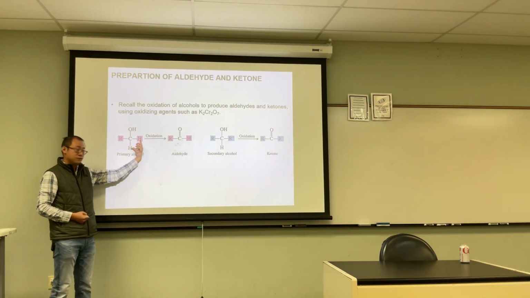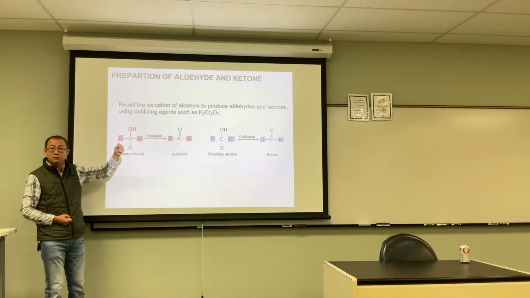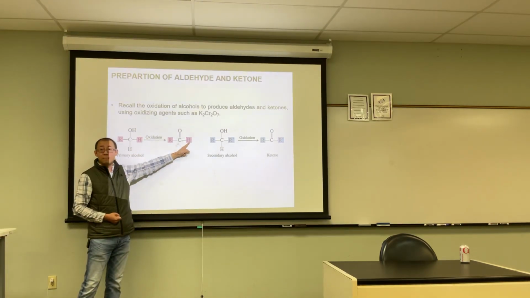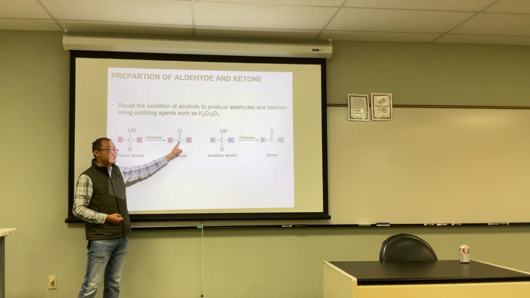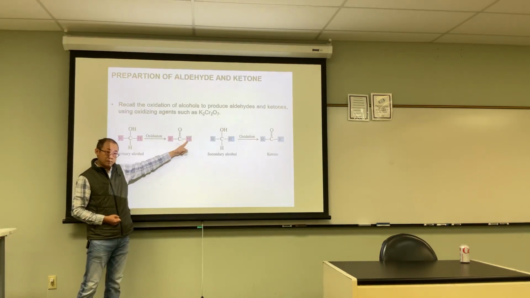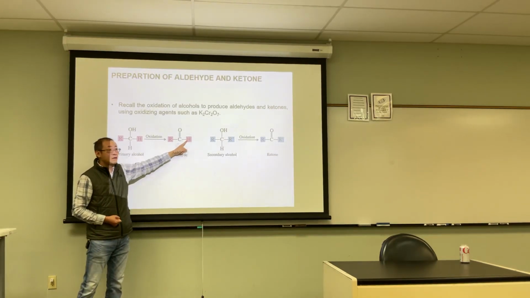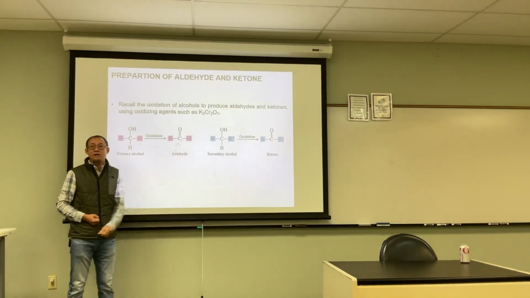Primary has two hydrogens, you remove a hydrogen during oxidation, so you still have a hydrogen remaining. That means in the product, the C=O carbon still has a hydrogen on it. We call the resulting compound an aldehyde.